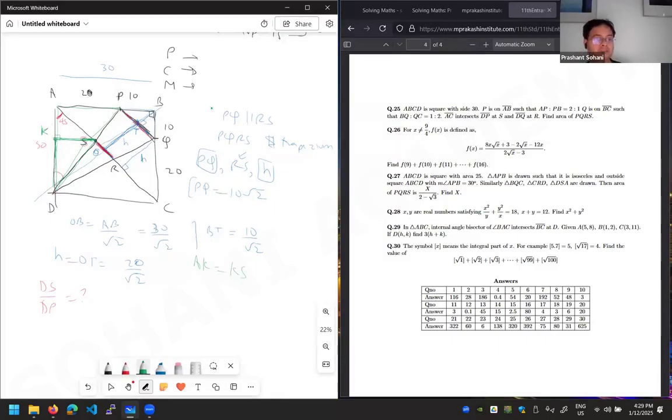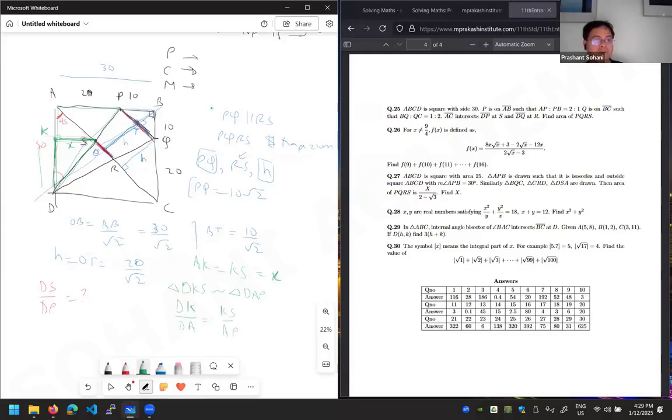The length of AK and KS which I don't know, I suppose is X. Then triangle DKS is similar to triangle DAP. Right, DKS and DAP. So by basic proportionality, I can equate DK upon DA is equal to KS upon AP.